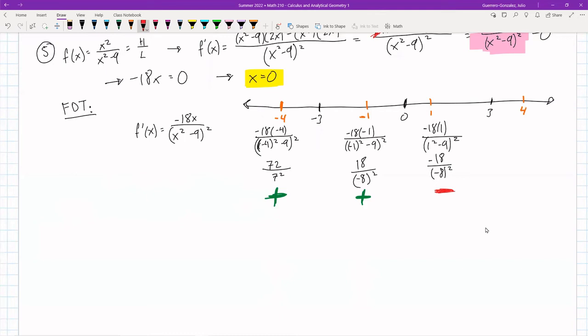Last one. Negative 18 times 4 over 4 squared minus 9 squared. This is going to be negative 72 over 16 minus 9, that's 7 squared. This is going to be negative.